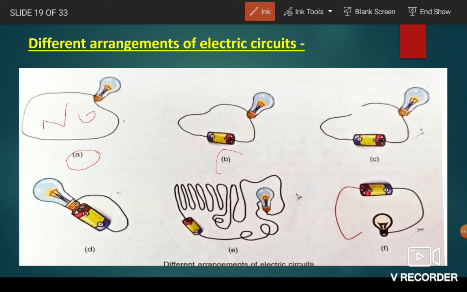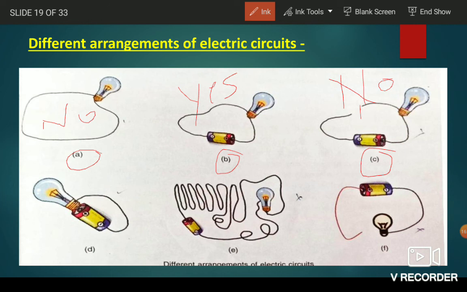Now picture B, yes, the bulb will glow because the cell is there, wire is there, bulb is there, everything is there, and the circuit is also completed. So yes, the bulb will glow. In picture C, no, the bulb will not glow. Why? Because the wire is broken here.